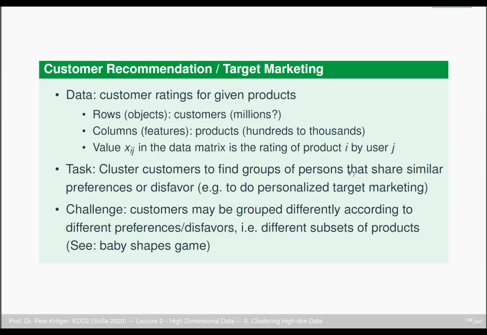So, for example, movies. They should like or dislike the same movies. We want to find persons that share similar preferences or disfavors. And that can be, for example, used in, or is actually used in, personalized target marketing. So customers are segmented.